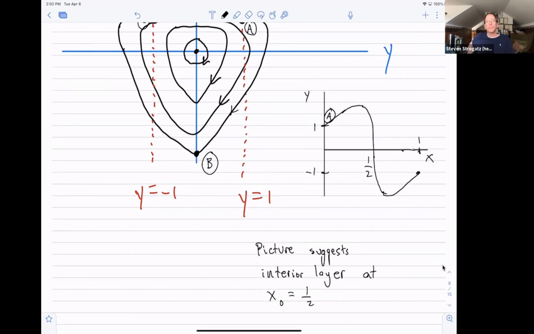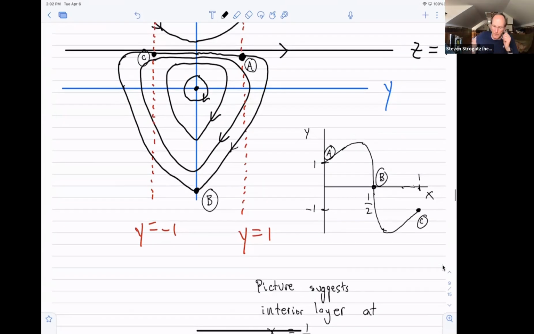And no layers near A. So in terms of my points A, B, and C, let's see, where is B? B is this place, the steepest slope, and this point is C over here in terms of my earlier picture.